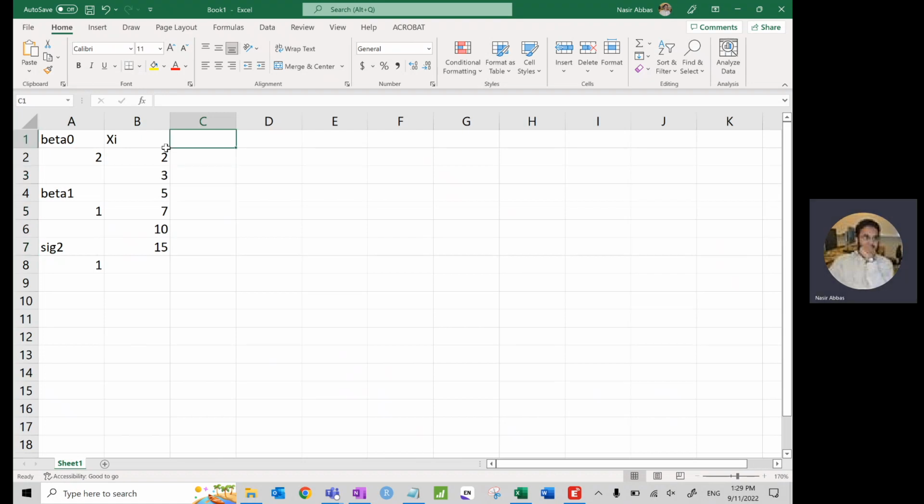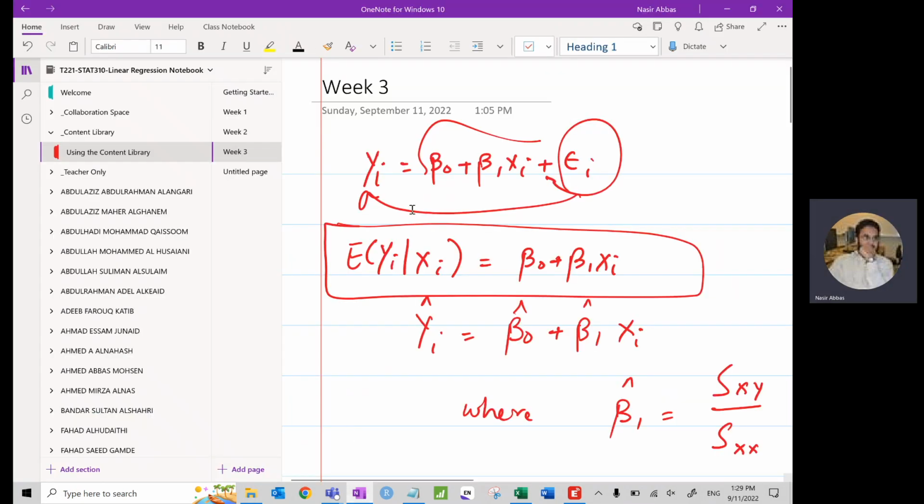Then I generate yi's. What is yi? Go back to the notes. Beta naught plus beta 1 xi plus epsilon, and epsilon is what? It's a normal random variable with 0 mean, sigma square variance.